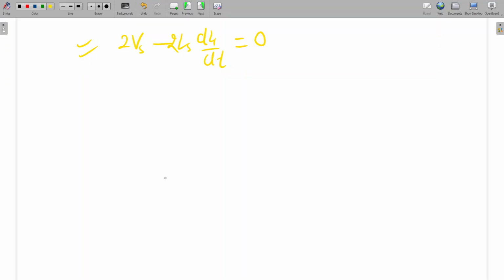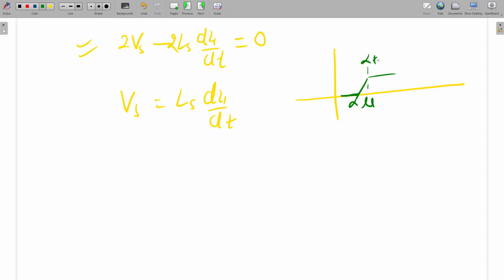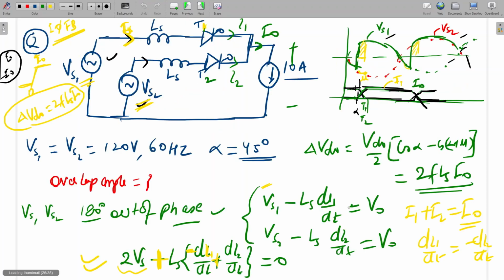So Vs will be Ls di1 by dt, and if we see the I1 waveform during the mu duration, what will happen? I1 is 0 previously; during mu, this point is alpha and this point is alpha plus mu. So it is going from 0 to I0. That I1 current, IT1, is going from 0 to I0.